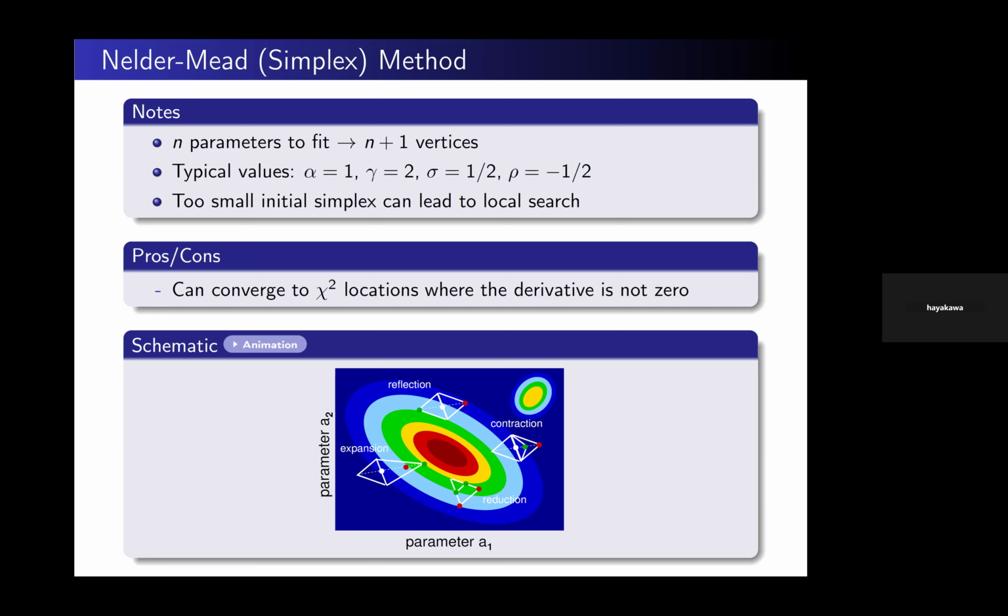And it's trying to get to that bowl, the deepest part where the chi-squared is the smallest. Yeah, there's a contraction. Still going, still looking.